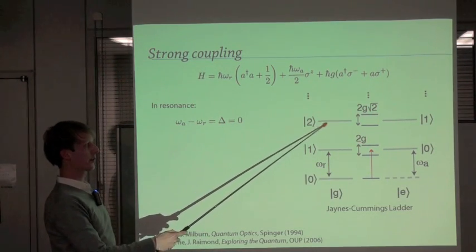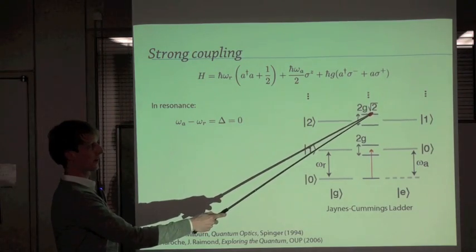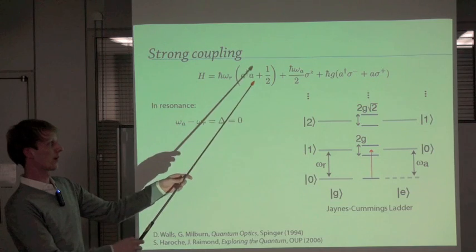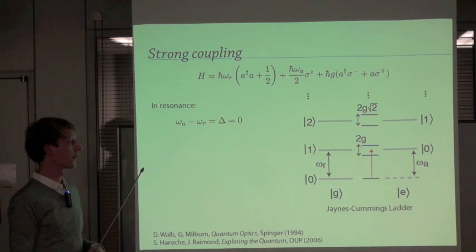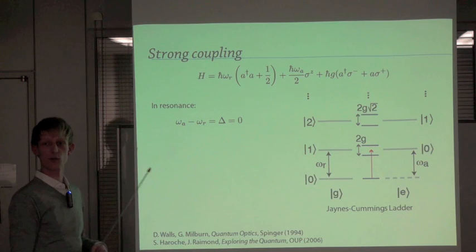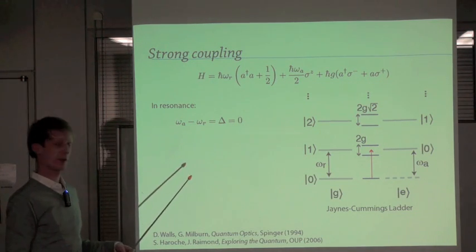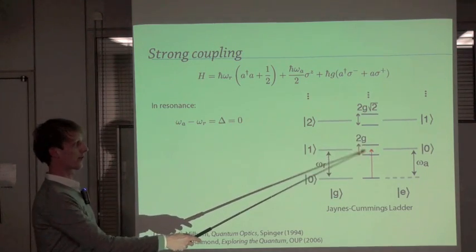In the 2 excitation manifold, the coupling is even bigger, the separation gets a factor square root of 2. As you rise up, the coupling goes with square root of n. And this is a quantum mechanical feature of the system. If you were to couple classical harmonic oscillators, you wouldn't observe this increase of the splitting.